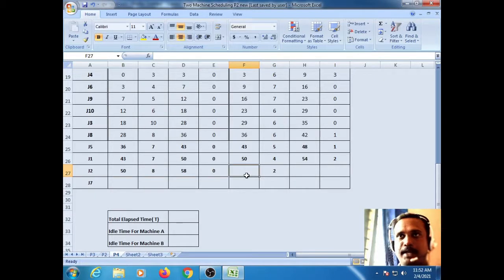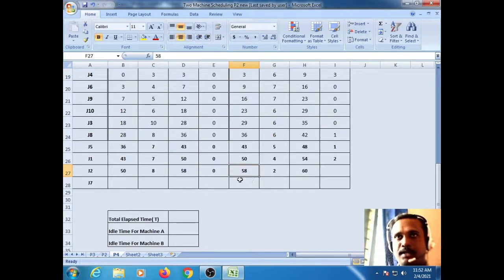Next 54 and 58, we compare these two and take whichever is max, so 58. At the 54th hour machine B processed the previous job, but to process the next job, machine B has to wait for 4 hours.